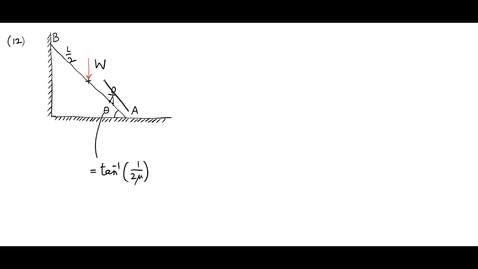So how far can he go up in this direction without disturbing the equilibrium? So the implication is, as the man climbs further and further, at some stage limiting equilibrium conditions will prevail, and we have to find at what distance this happens.